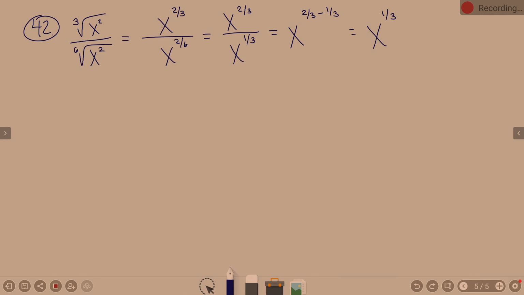Traditional rule has been if they start you with a radical, you should probably try and end with a radical. So x to the 1/3 is what root of x to what power? X cubed. The 3 in the denominator says it's a cube root of x to the first, if you want to put a power of 1.